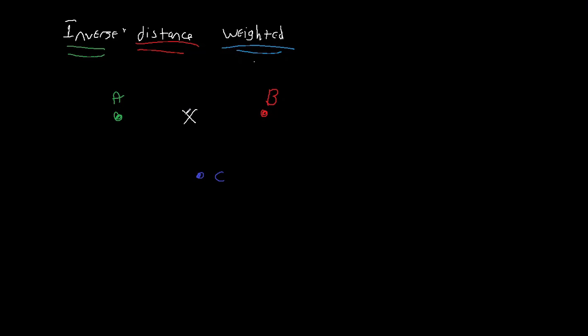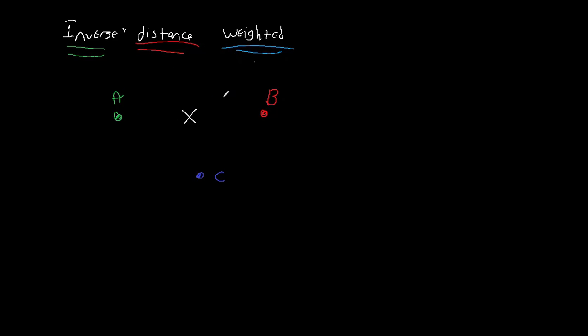We're not doing nearest neighbor where we just take the closest. We're not doing linear interpolation where we're basing it off of 2 points and drawing a straight line. Instead, all 3 of these points, or we could have 4, 5, or a lot more, are going to contribute to the value of our x here. But they're going to contribute based on the inverse of how far away they are.